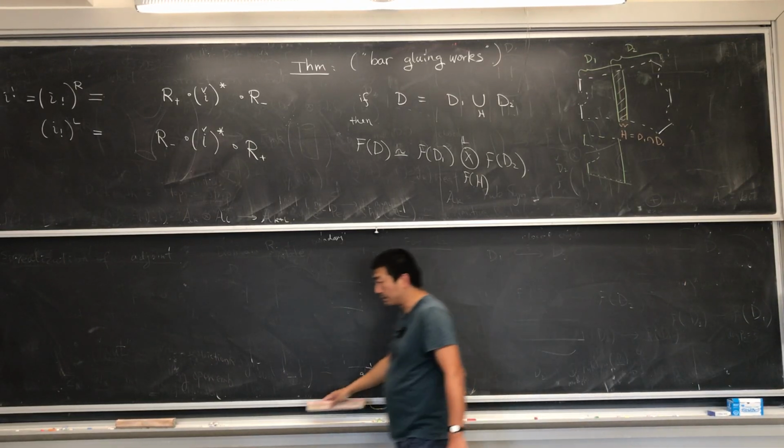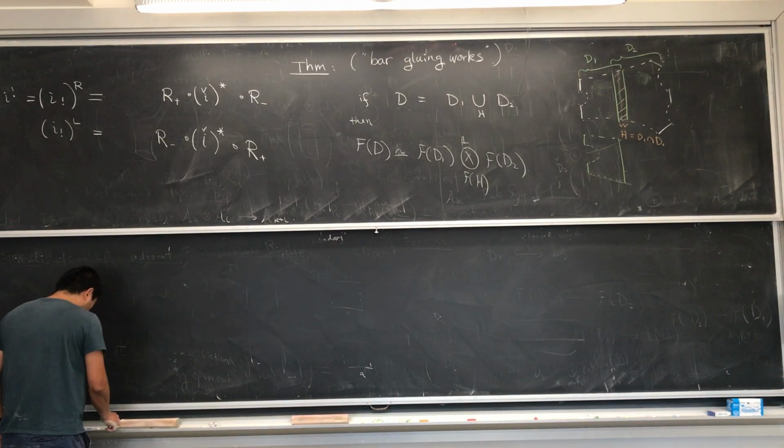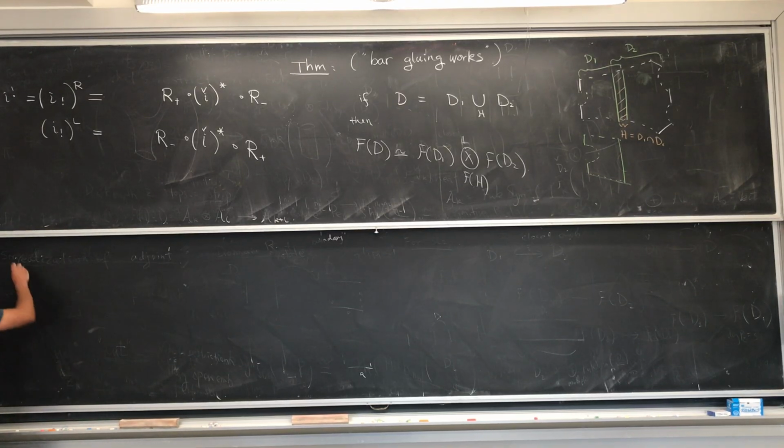So for simplicity, I'm just going to do it for multiplicity equal to 1 and 2, just to show how it connects to the classical case. So, example.